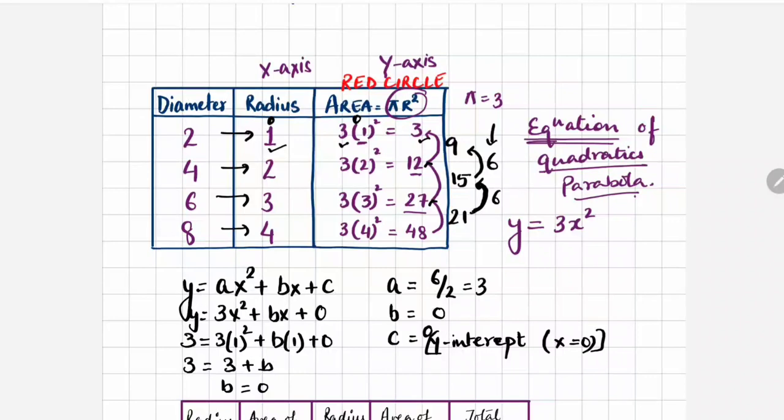Now if you put the values back in here, you will end up getting y is equals to a is 3, x squared, b is 0, so that becomes 0, c is 0. So that is your final answer, which we already did. So if you can't see it straight away in the table, you can calculate it using this method.